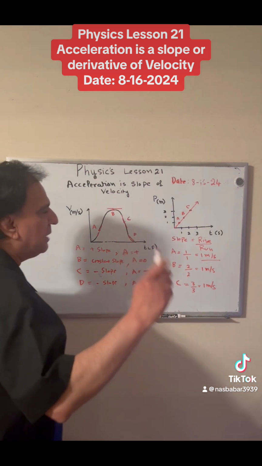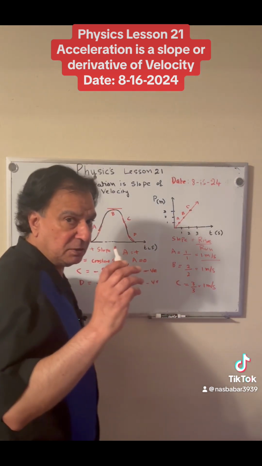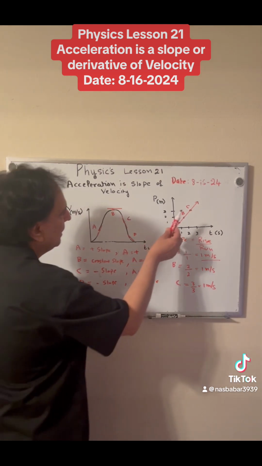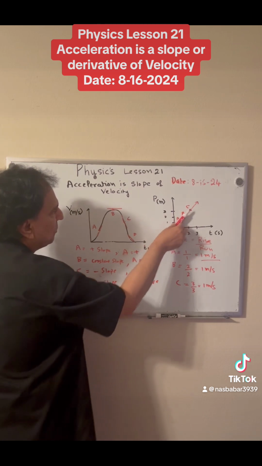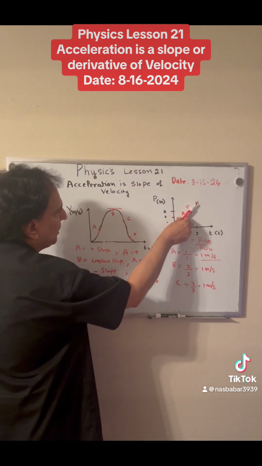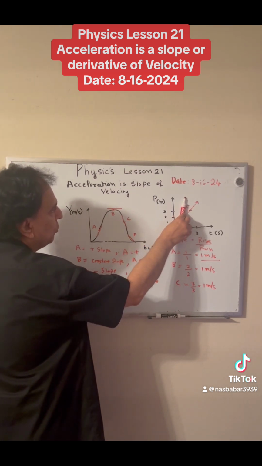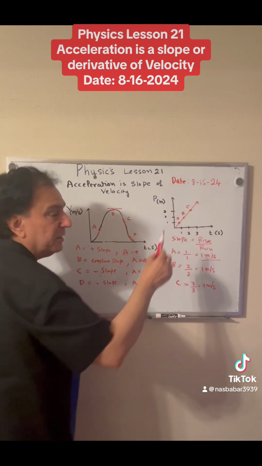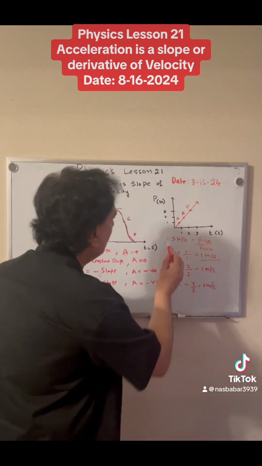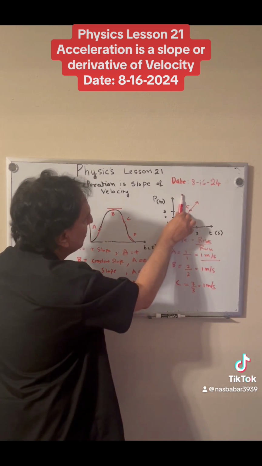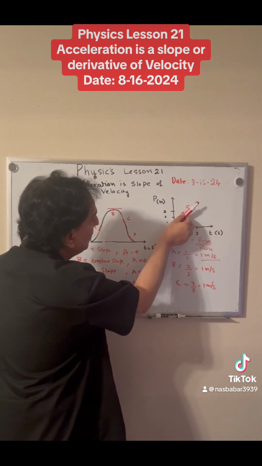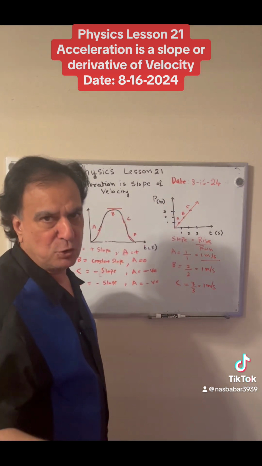Now, one last discussion before I close this. If you have this straight line right here, if this line is steeper, say towards the y-axis, that means I'm going fast, because in less time I'm covering more distance. Would you not agree?